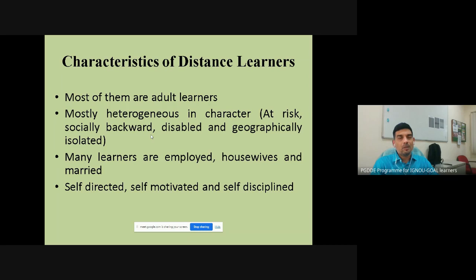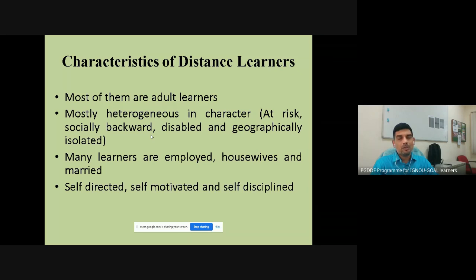But even for them, the institution should be in a position to provide a variety of services, not only in terms of the self-learning materials, but also in terms of the other services required by the learners from pre-admission till the completion of the programs.